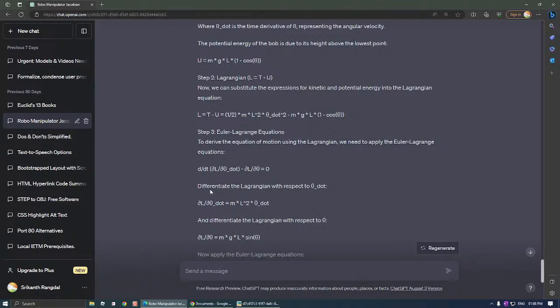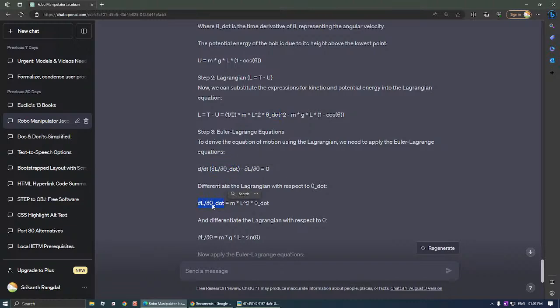So this is theta dot already, and we are differentiating L with respect to theta dot. So we are interested in finding this value first.